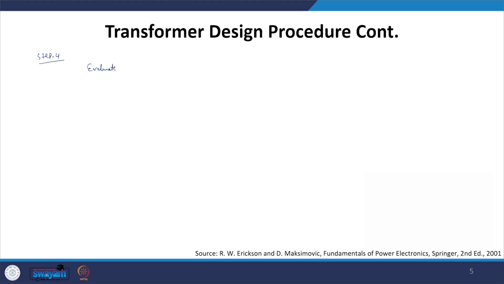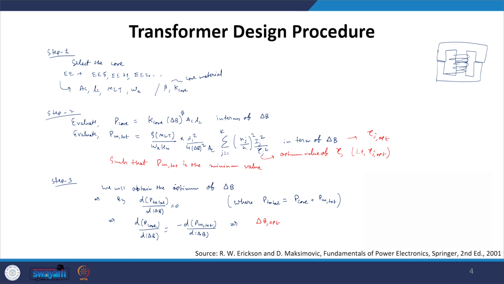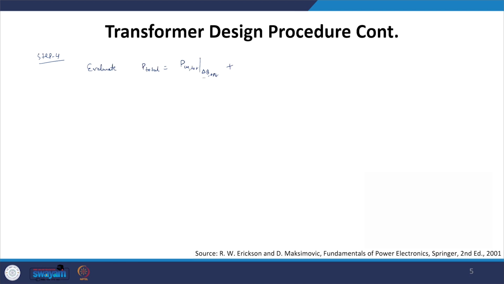Once we know our delta B optimum, we can then obtain our P total value, which is the total loss in the transformer, which is nothing but PCU total, and this we will obtain at the delta B optimum point, which we have obtained in step number 3. So we can put this from step number 3, this we can put from step number 2, and we will get this value. At the same time we will get the P core value, which is obviously at the optimum value of delta B.